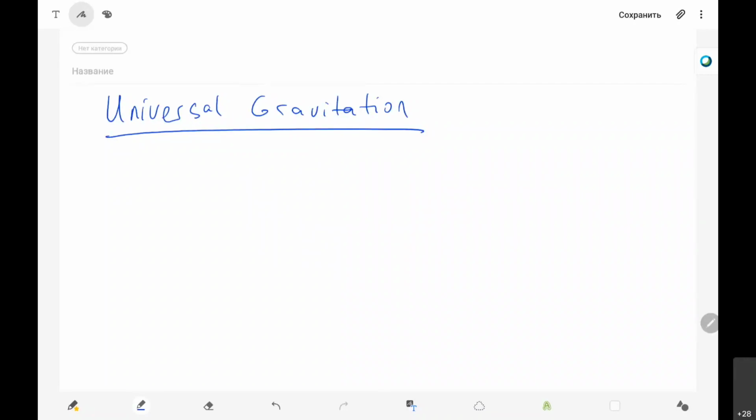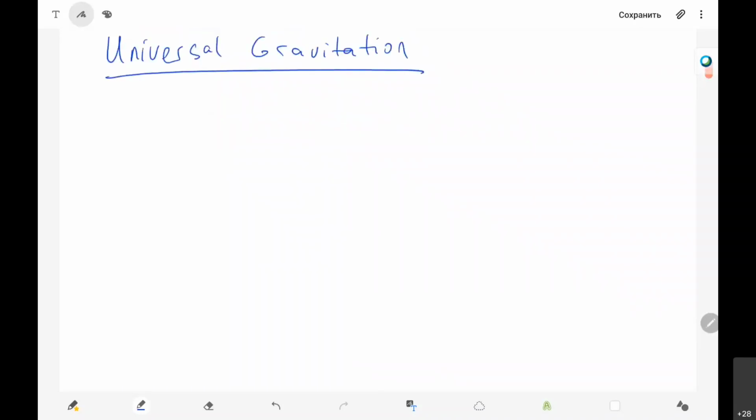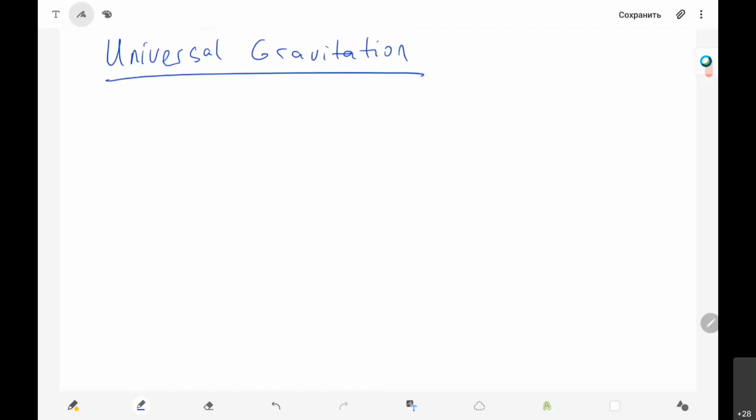Newton's law, you know, from dynamics: first law, second law, third law. Also, there is a Newton's law for universal gravitation. So Newton says that there is a force between any two objects. So let's draw our first object, mass m1, and the mass m2.